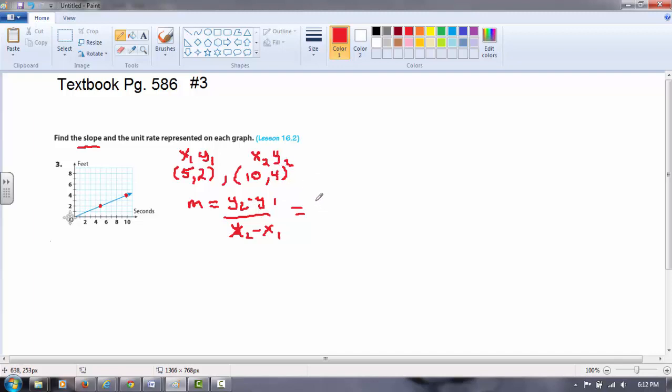So y2 is 4, y1 is 2, x2 is 10, x1 is 5. 4 minus 2 is 2, 10 minus 5 is 5. So we end up with a slope of 2/5.